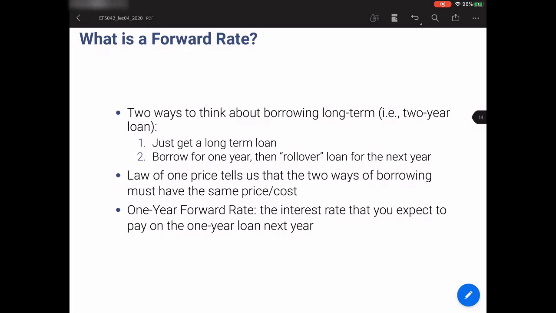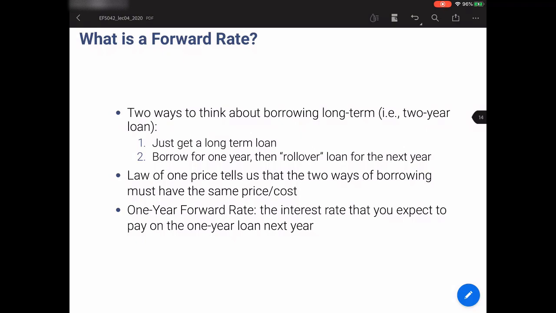You can go ahead and lock in an interest rate today for 2 years. So at the end of 2 years, you would repay that lump sum plus interest on top of it, but you would know that interest at the time of issuing this debt. Or you can issue for 1 year and then roll over that debt for another year, right?